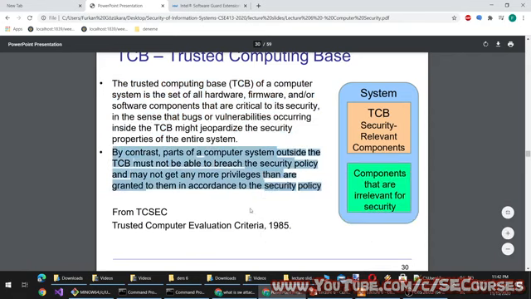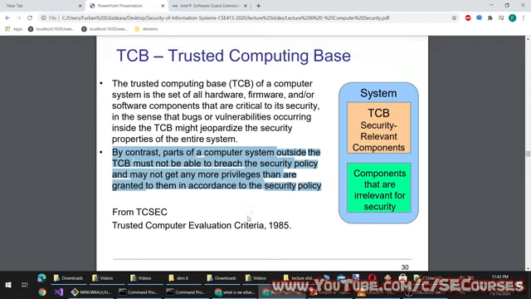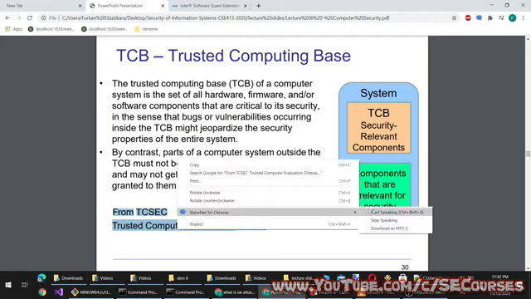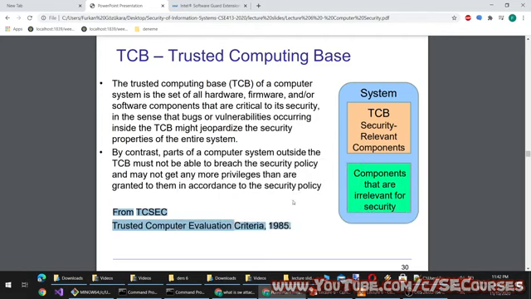By contrast, parts of a computer system outside the TCB must not be able to breach the security policy and may not get any more privileges than are granted to them in accordance to the security policy. From TCSEC, Trusted Computer System Evaluation Criteria, 1985.